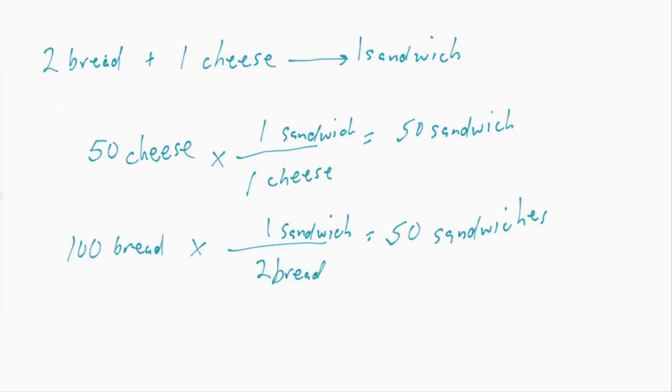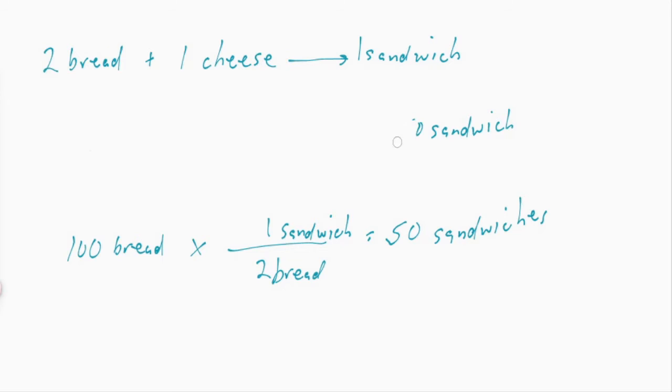A lot of times we have more of one thing than another. And then this is where we have to understand the concept of a limiting reactant. I'm not using chemicals because sometimes people let the letters and stuff distract them and psych them out, and then they don't think they can do it. But trust me, you can do this.